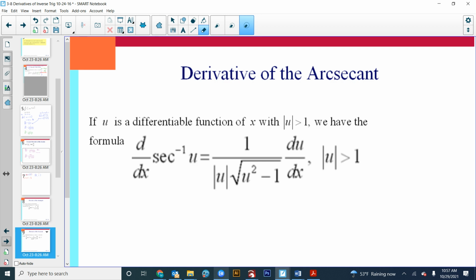Ooh, I lied. Last one, secant inverse. Oh, I'm glad someone asked.